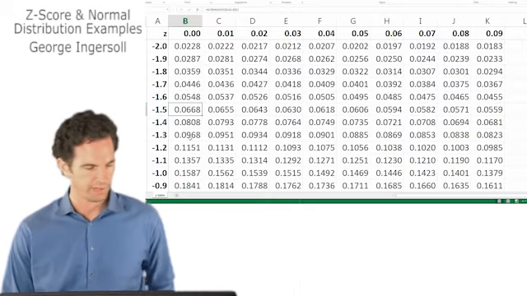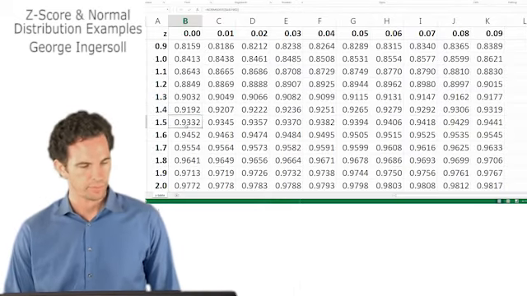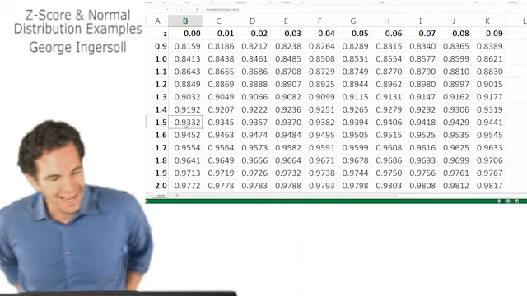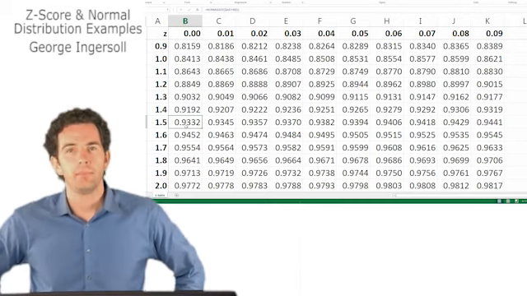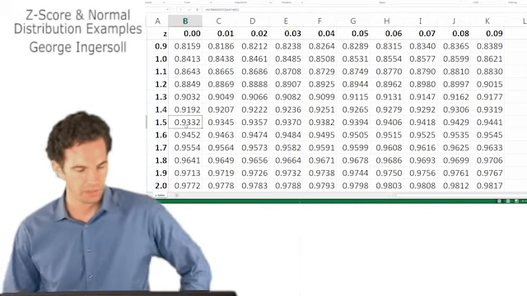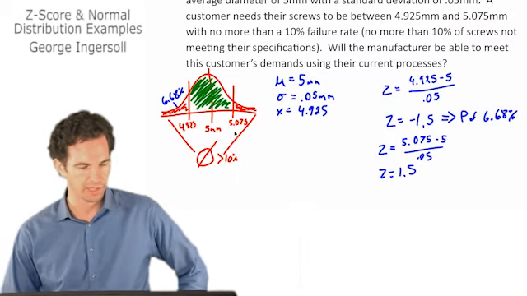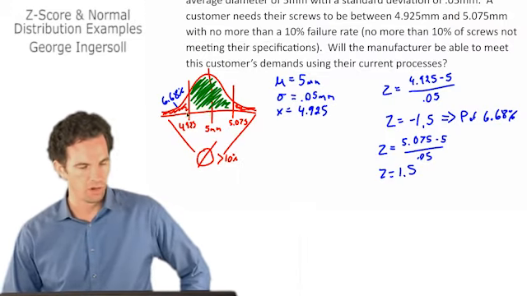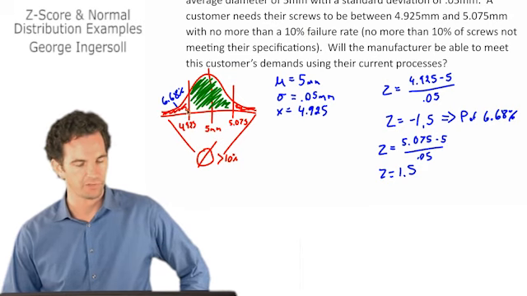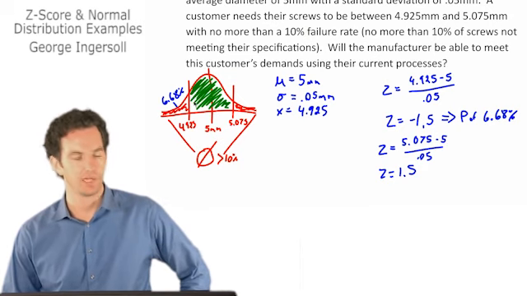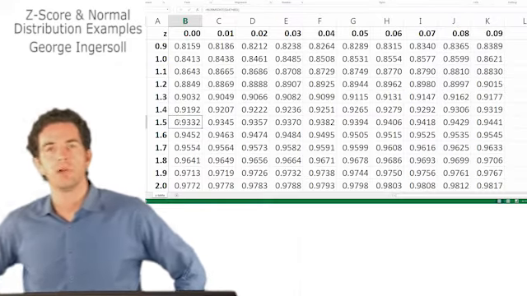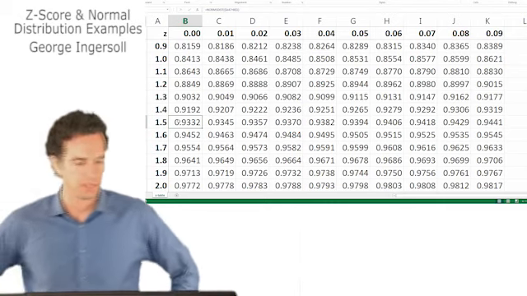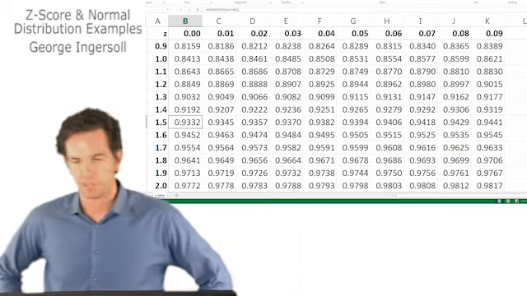We'll go to 1.5, and we see here 0.9332. If you take 1 minus 0.9332, and by the way, 0.9332 is all the values to the left of 1.5 standard deviations above the mean, 1 minus 0.9332 is 0.0668.